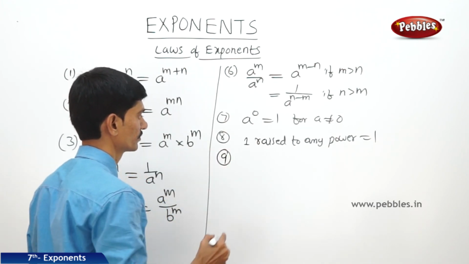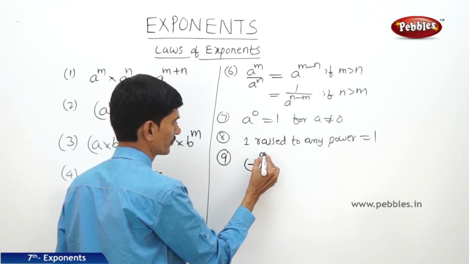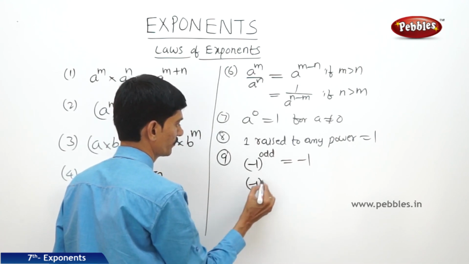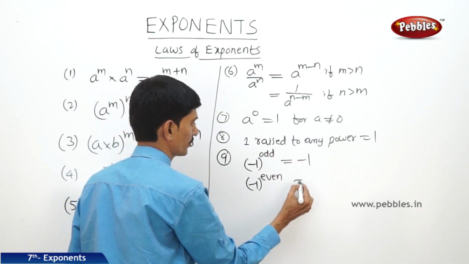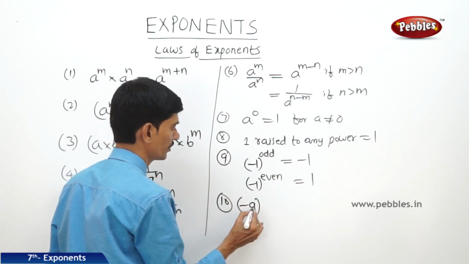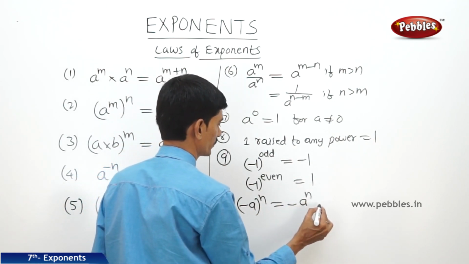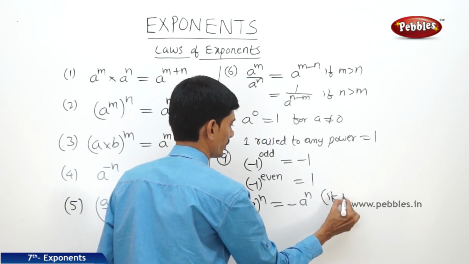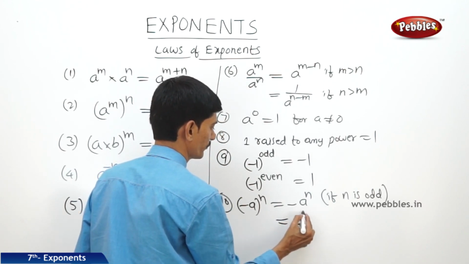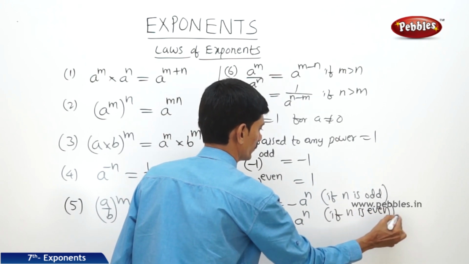And the ninth one, minus 1 whole to the power of odd equals minus 1, and minus 1 whole to the power of even equals 1. And the 10th one, minus a whole to the power of n equals minus a to the power of n if n is odd. So this equals a to the power of n if n is even.